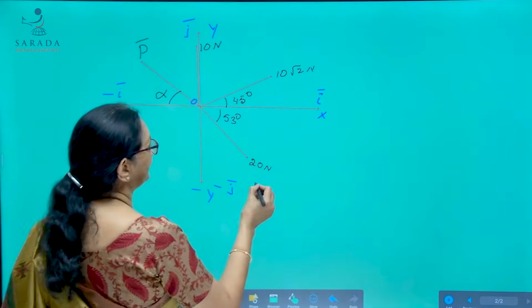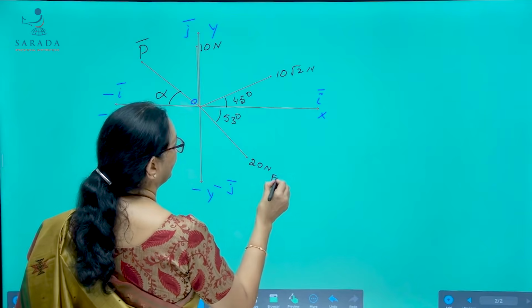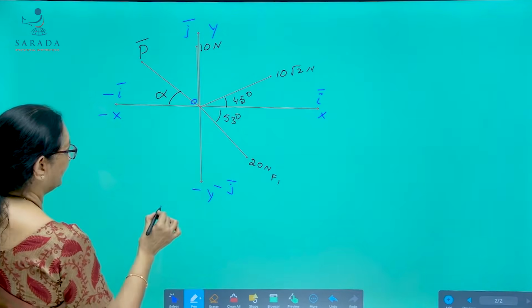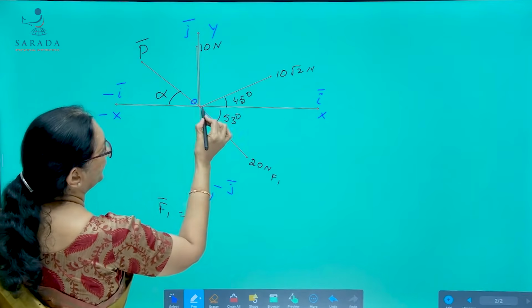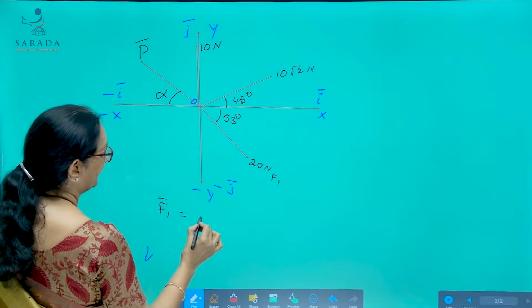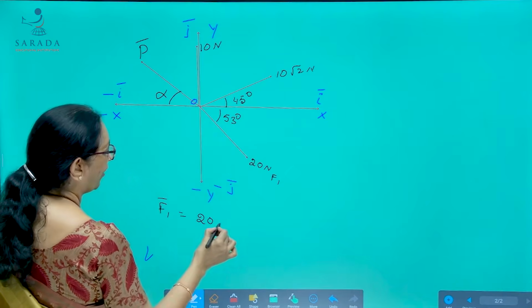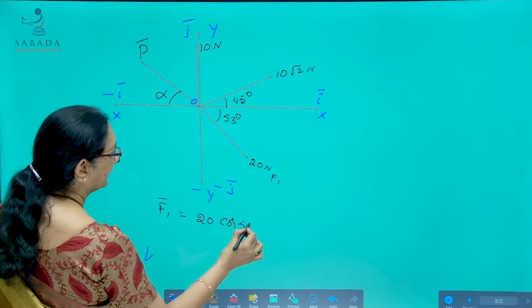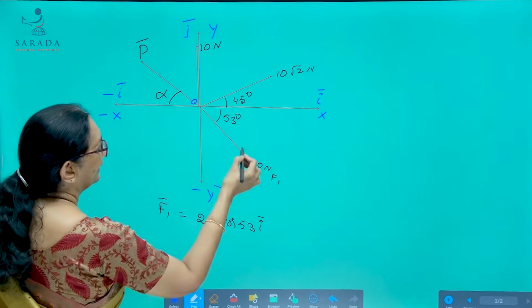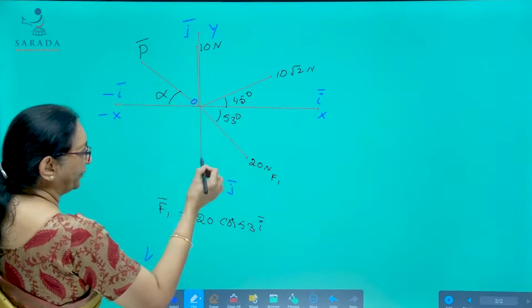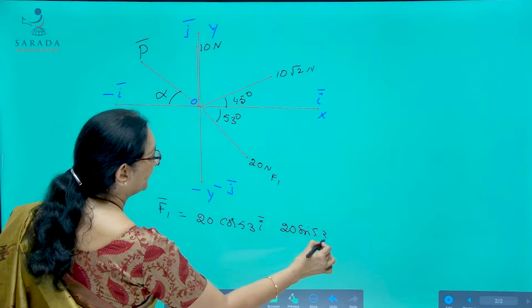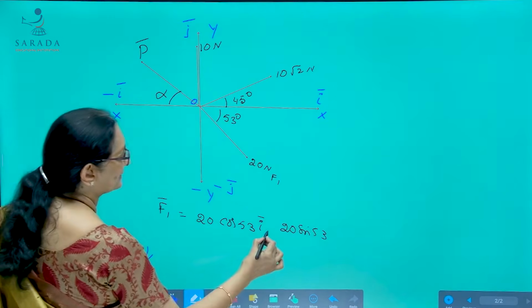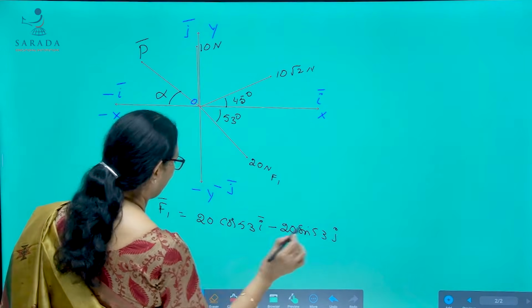Now, let us take this as F1. So, I am writing F1 in the vector form. Its component along x-axis is 20 cos 53 I bar. Its component along y-axis is 20 sin 53, but this is along negative y-axis, minus j bar.